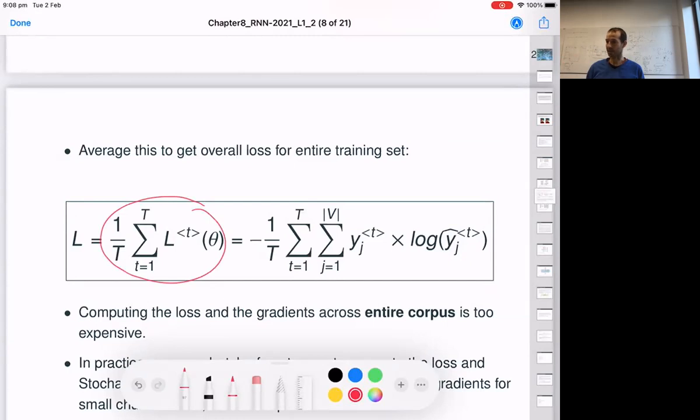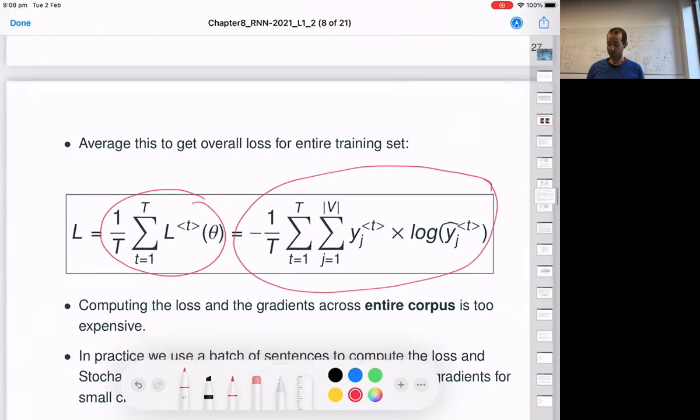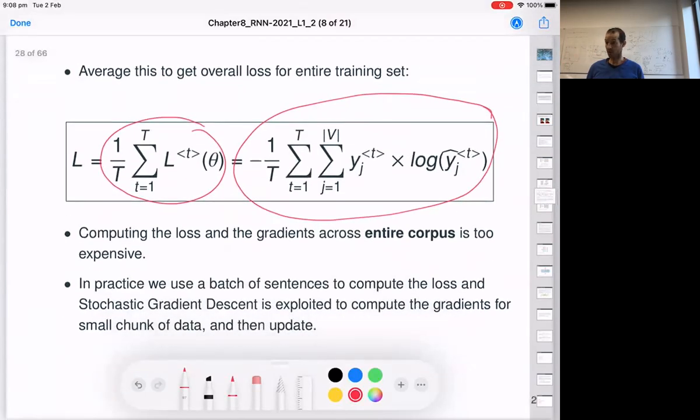So you have seen that the cross entropy has this double sum. Computing the loss is quite expensive, and you have to compute the gradient across the entire corpus.